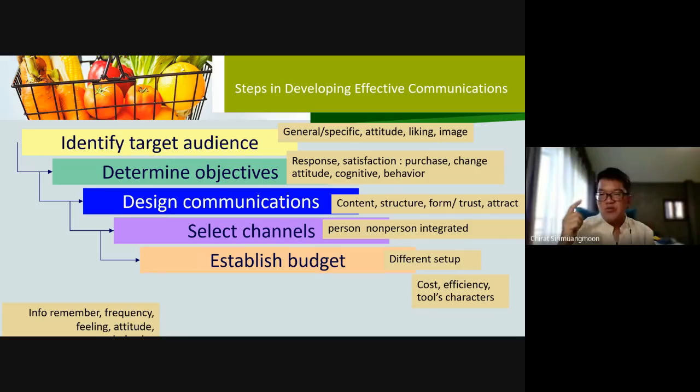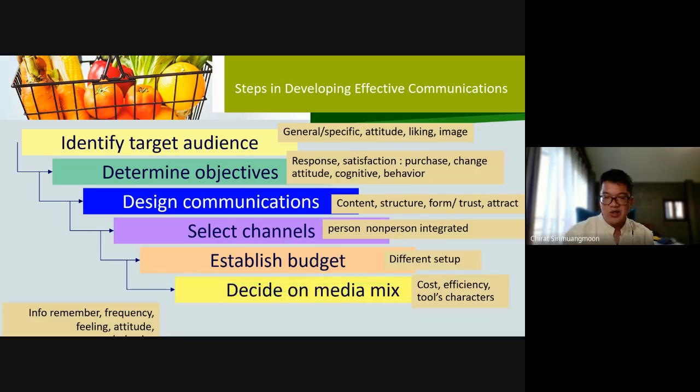Normally, please be concerned about the cost being used in effective ways. Like you use some communication and it does not reach your consumers. So try to do the research, try to think about the objective, try to decide the communications, because those are all things that you need to pay for.